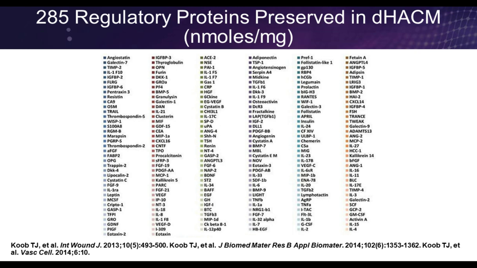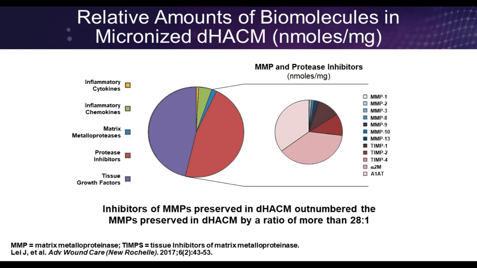I indicated to you that one of the big problems in chronic wounds is frequently there are too many elevated proteases. So focusing just on the matrix metalloproteases and their protease inhibitors, the tissue inhibitors of metalloproteases, the TIMPs, you can see that the inhibitors of the MMPs in the preserved dehydrated human amnion chorion membrane are actually at a much higher ratio and amount than the proteases.